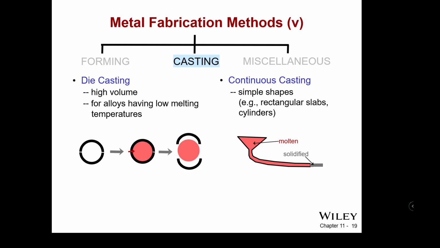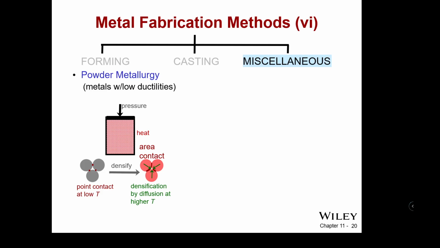Continuous casting can have a funnel of material, like rectangular slabs and cylinders. I haven't seen a lot of examples of that in practice, so I wouldn't know how to tell you where that would look, or where to look for that kind of end application.